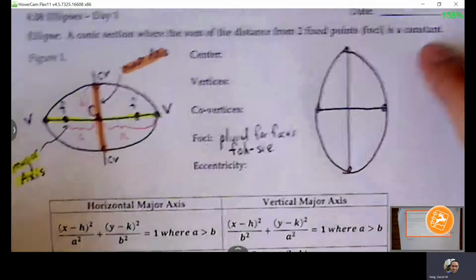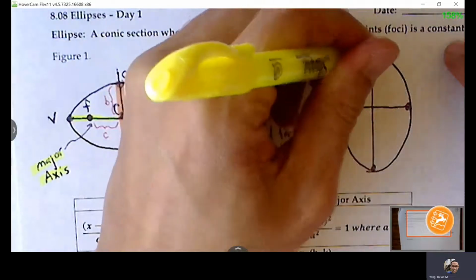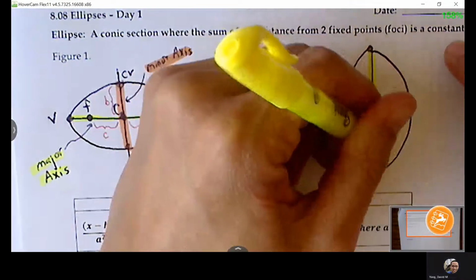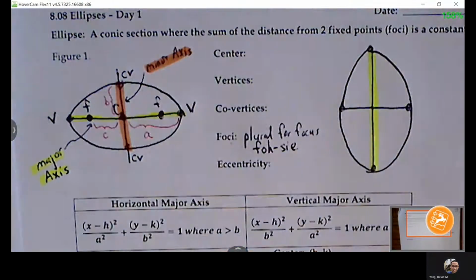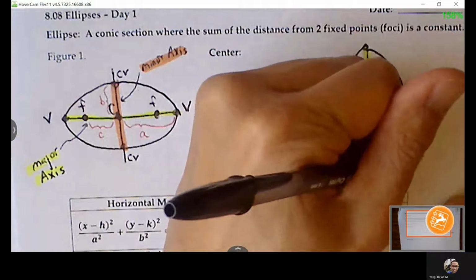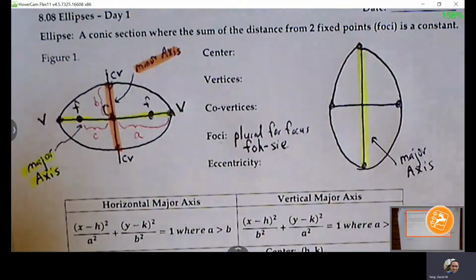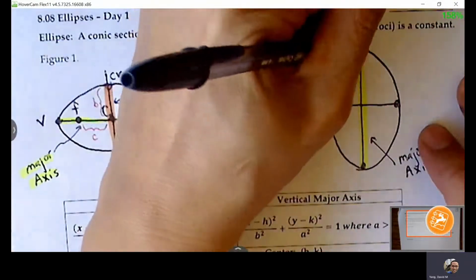Okay, so now the major axis is going to be along the vertical. We say the word major to indicate that it's a longer side. And the major axis will always connect from vertex to vertex.